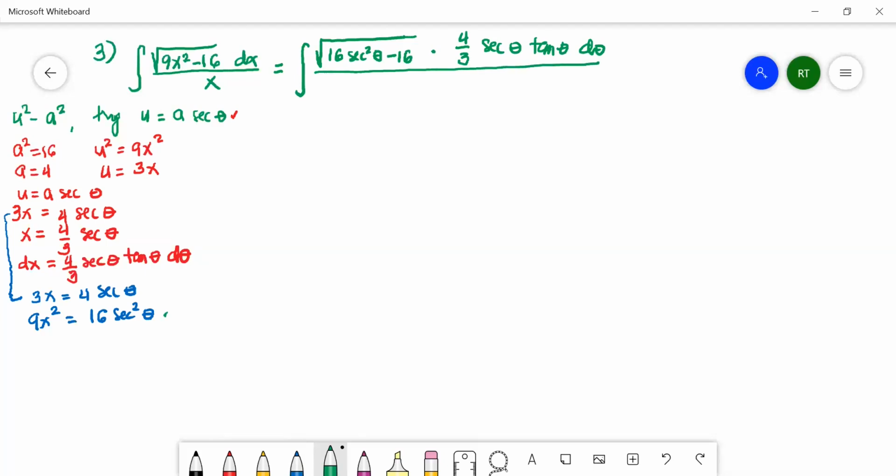Now the denominator is x, and x is 4 over 3 secant of theta.